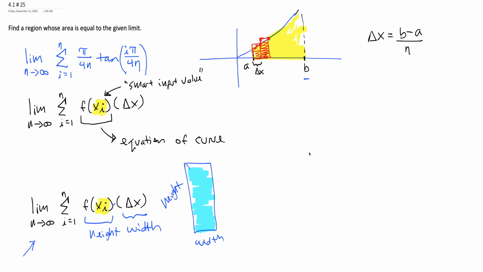So the width of the rectangle depends on your high boundary minus your low boundary divided by n, where n equals the number of intervals. Basically, the number of rectangles.